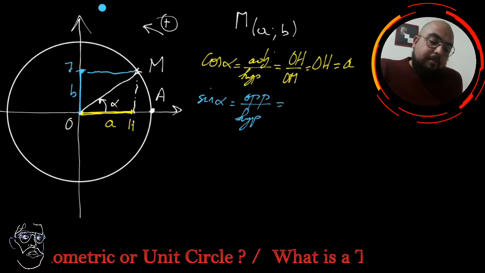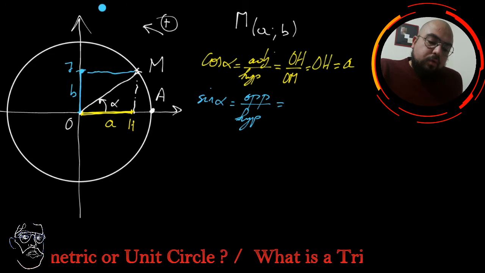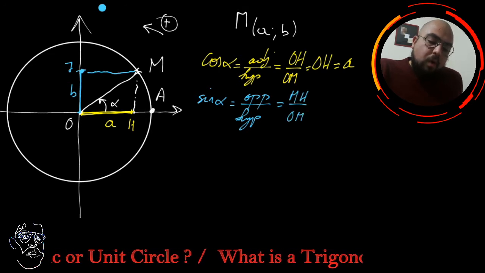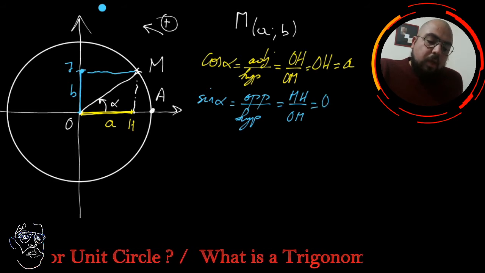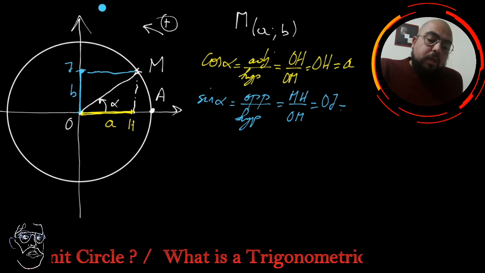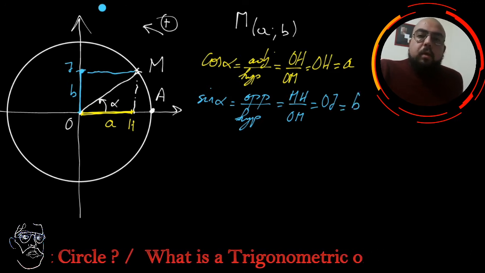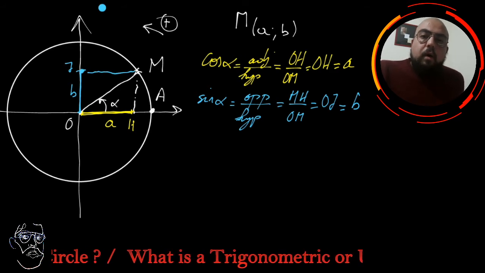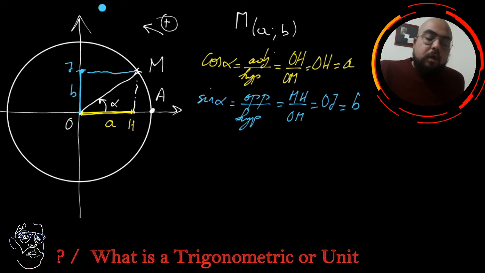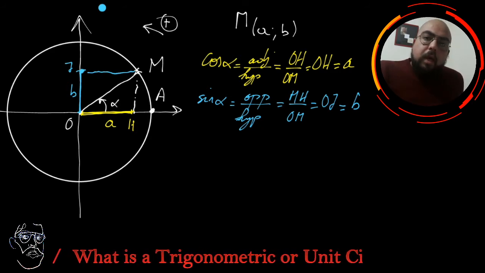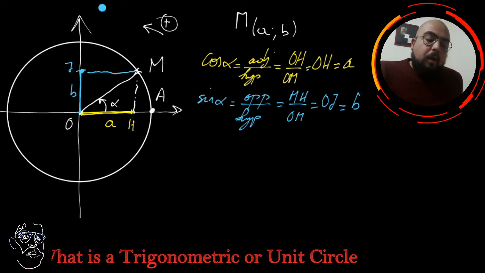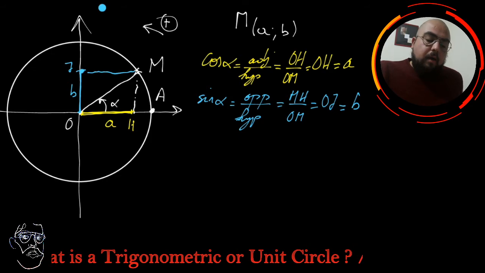Opposite is MH over OM again. What about MH? MH is the same thing as OJ. OM is 1 again. What about OJ? It's simply B. So sine alpha, the sine of a certain angle, is directly linked with the ordinate of the point M, which represents, of course, the intersection for the angle alpha that I have.